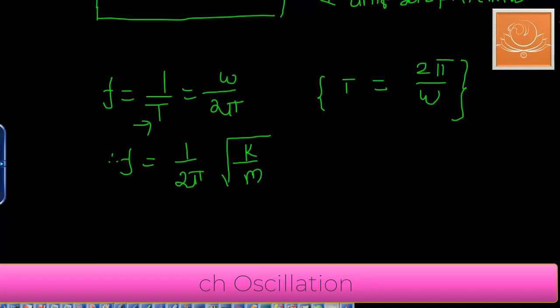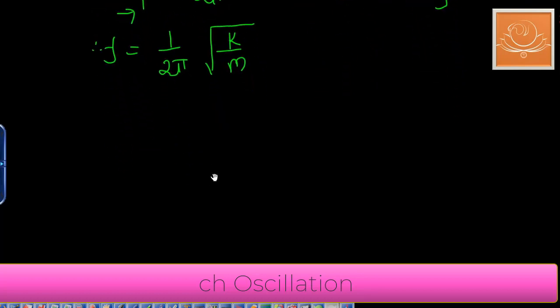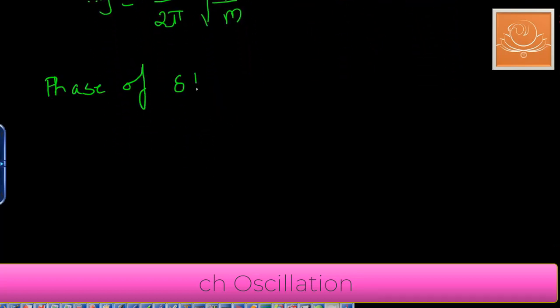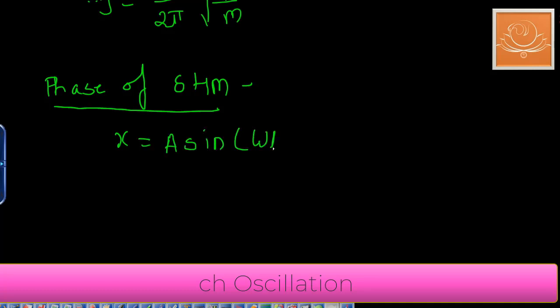Now next an important term is the phase of simple harmonic motion. See, the equation for displacement of simple harmonic motion is given by x equal to a sine of omega t plus alpha.